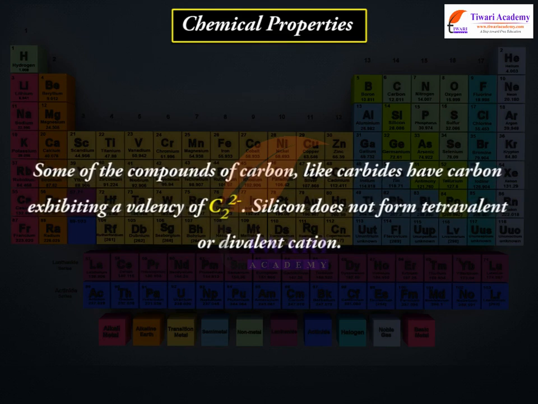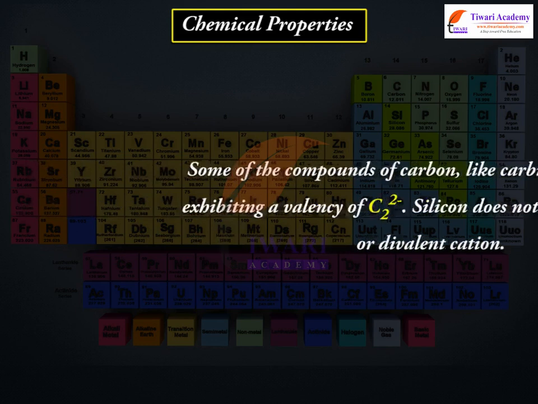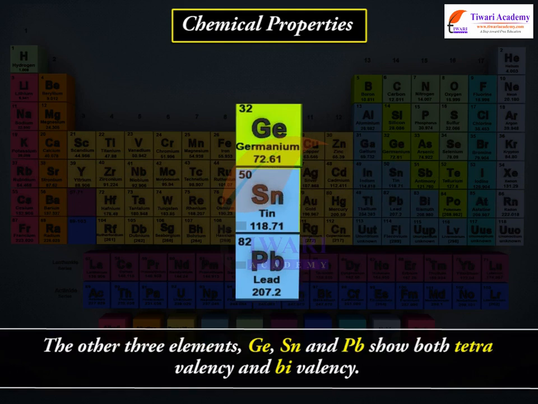Silicon does not form tetravalent or divalent cation. The other 3 elements, germanium, tin and lead, show both tetravalency and bivalency.